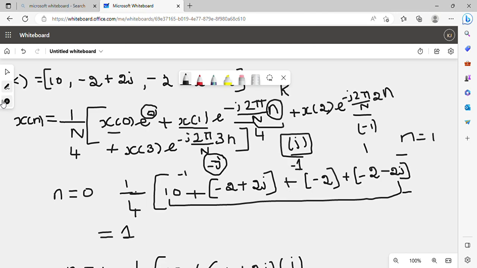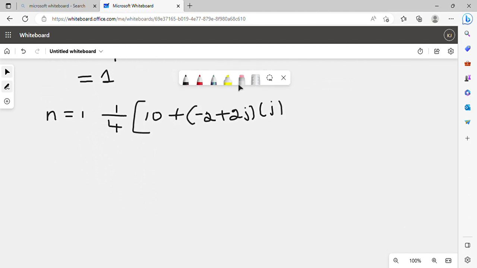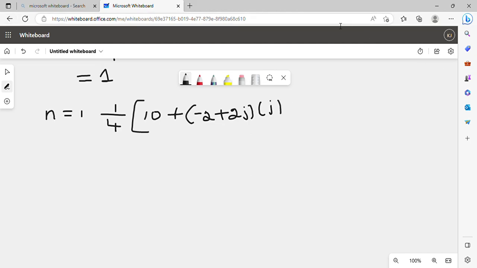You need to understand that e to the power of minus j 2 pi by n into n, for n is equal to 1, is equal to j. And how we need to learn that is, you have learned this formula, right? In the same way you learn like that. Let me write it over here in a short manner.